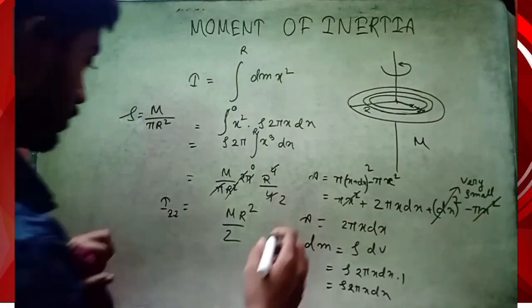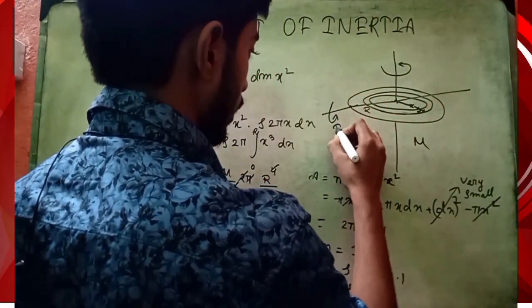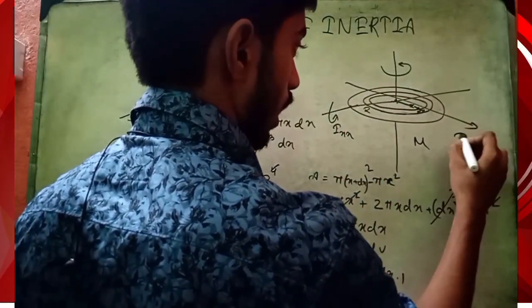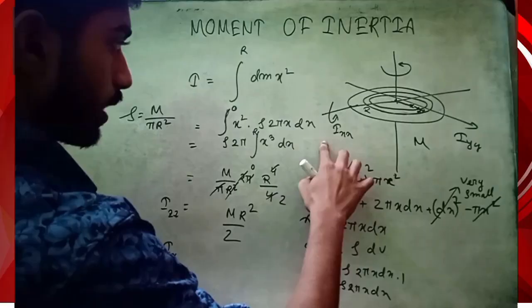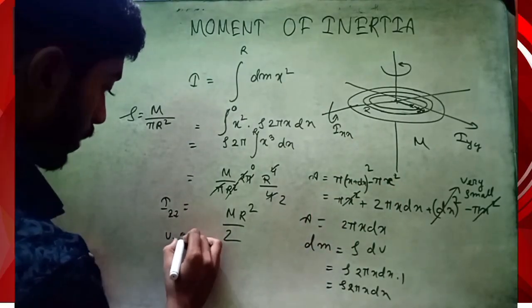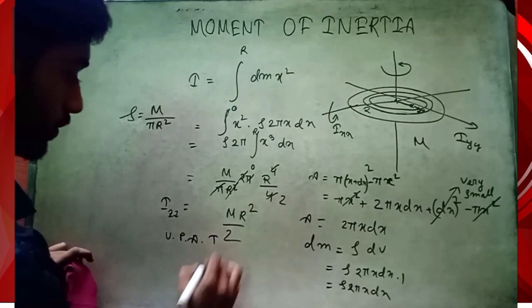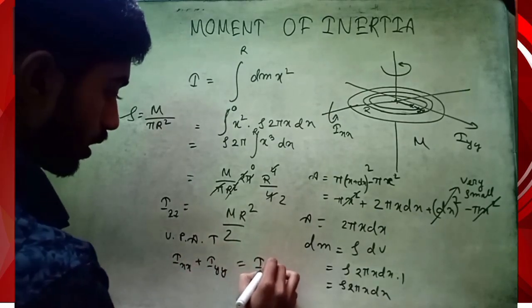But for the case when we try to find the moment of inertia along Ixx or along Iyy, using the perpendicular axis theorem, Ixx plus Iyy equals Izz.